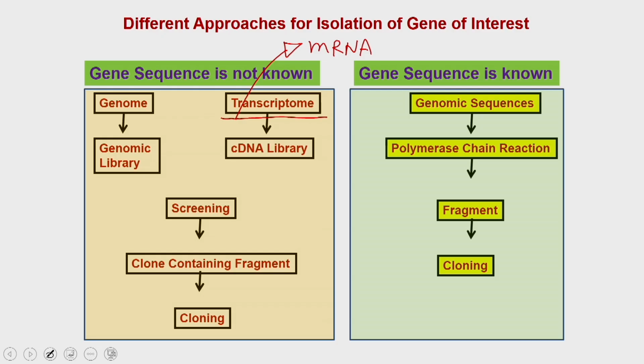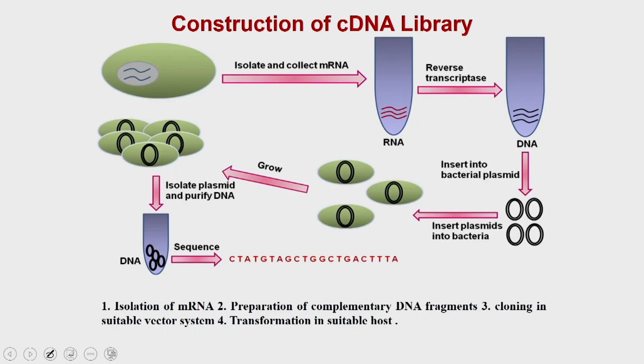We have already discussed a couple of examples of the conditions under which you can use the cDNA library to identify the gene of your interest. So, what are the different steps for generating the cDNA library?